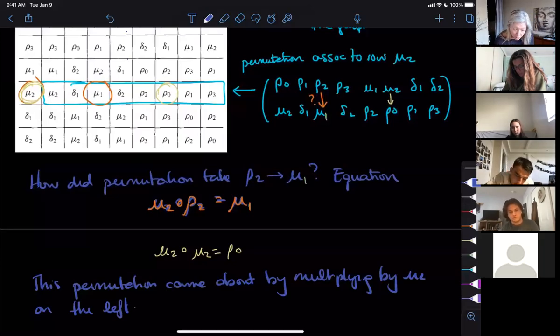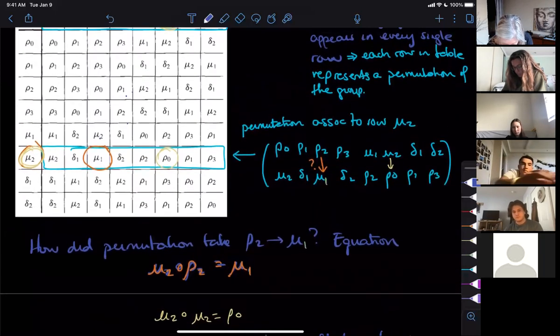Okay, every element of the group can be thought of as a permutation of the group.